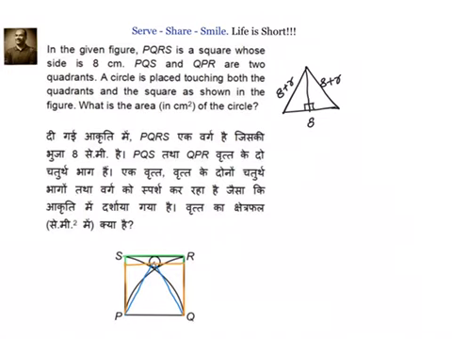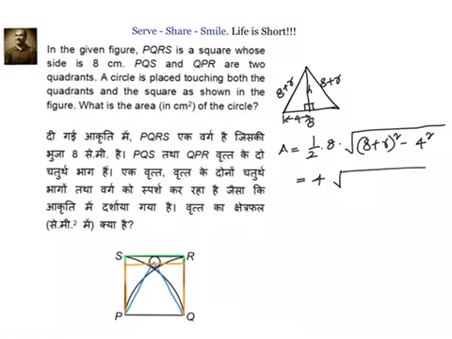Area is given by half into base 8 into height h. h is given by the square root of, by Pythagoras theorem, (8 plus R) whole square minus 4 square, because we know this distance is equal to 4. Let us simplify that. We will have 4 into the root of (8 plus R) whole square minus 16. That is one part of the square.